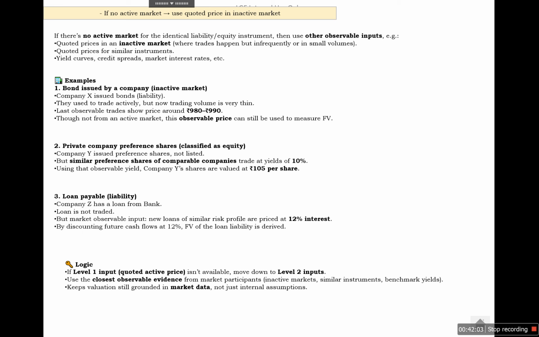So we need to use the closest observable evidence from the market participants. It may be an inactive market, similar transaction, benchmark, etc. And we need to keep the valuation still grounded in the market data. We need to make the valuation as authentic as possible.